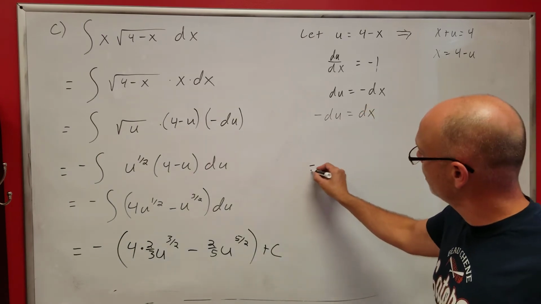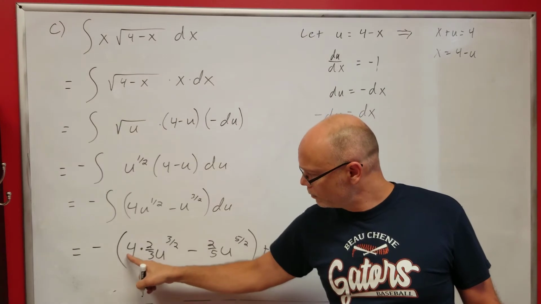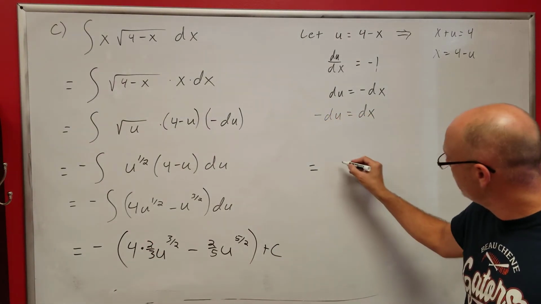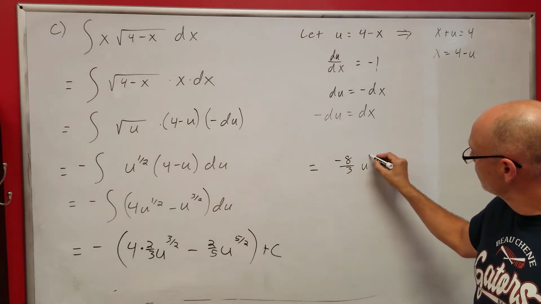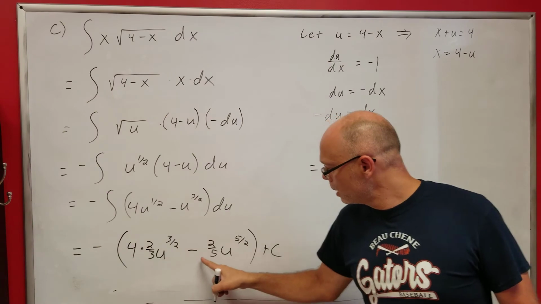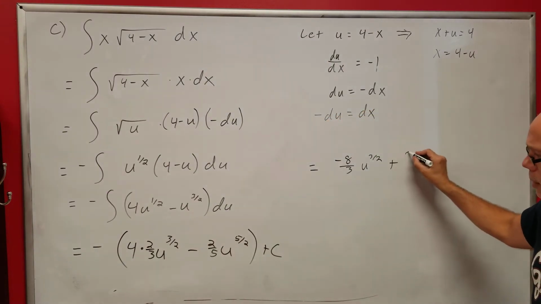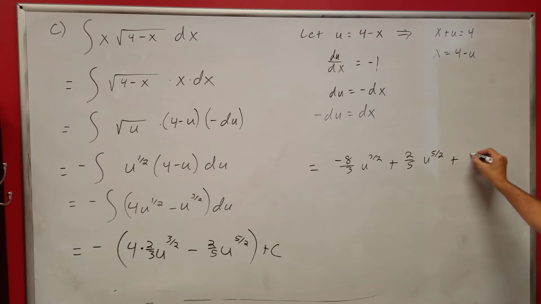Well, what is this going to give me? If I distribute my negative through here, I get negative 4 times 2, which is negative 8 over 3, u to the 3/2. If I distribute my negative here, I get plus 2/5 u to the 5/2 plus c.